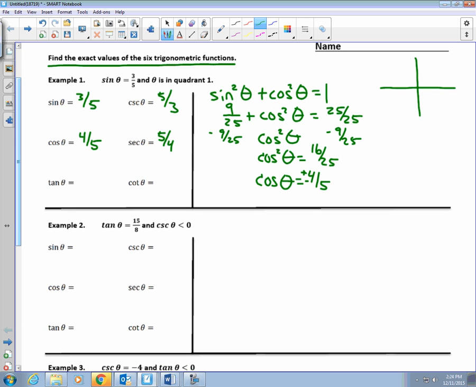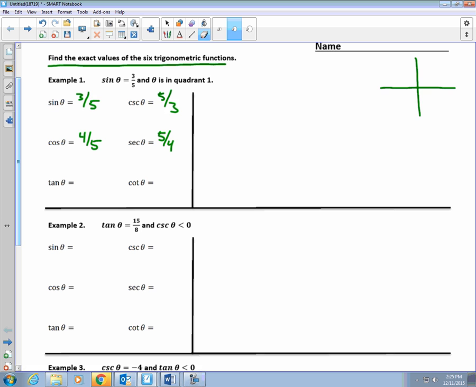How do I find tangent? We've got 2 options. Now, Cass, did you just say 1 plus tan squared is secant squared? Okay, good. But I'm going to give you another formula that you maybe don't remember. Sine of theta over cosine of theta is equal to tangent of theta. So Cass is right.